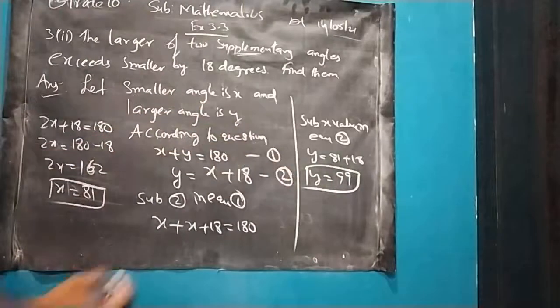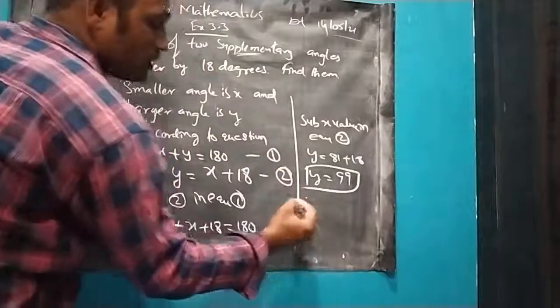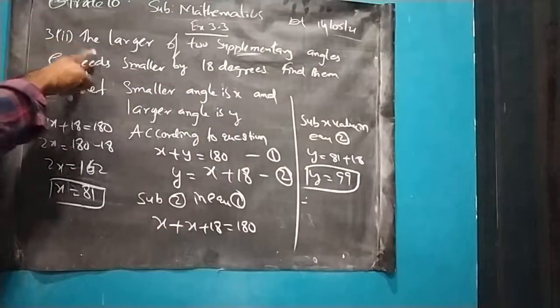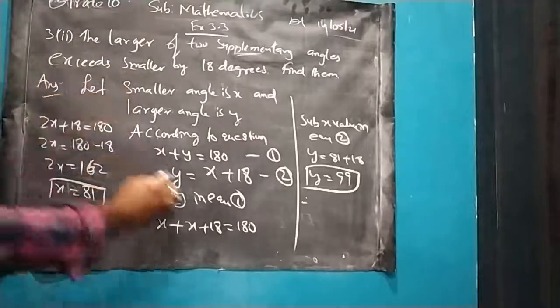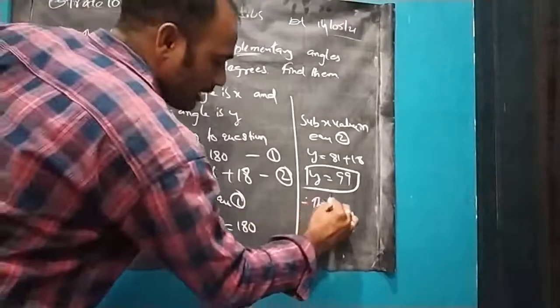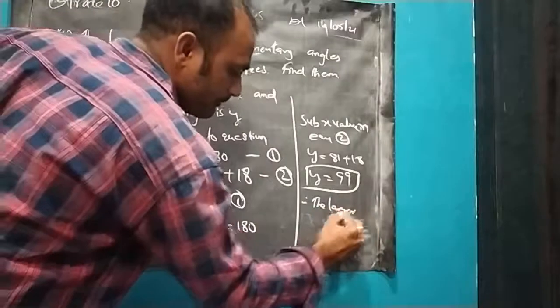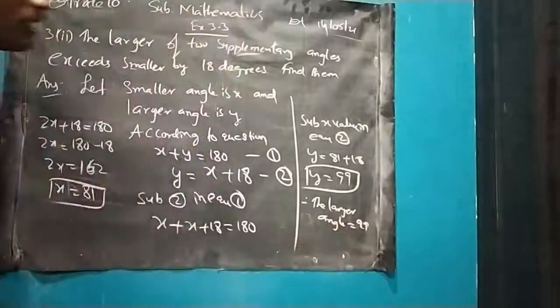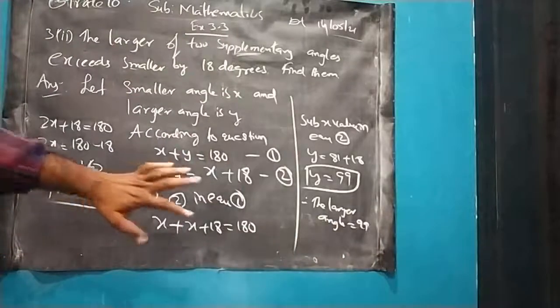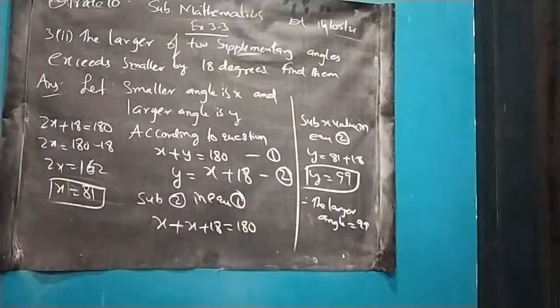Therefore, the last step we have to write after finding x and y values in problem-type questions. Therefore, the larger angle is equal to 99. Therefore, the smaller angle is 81. That step we have to mention here.